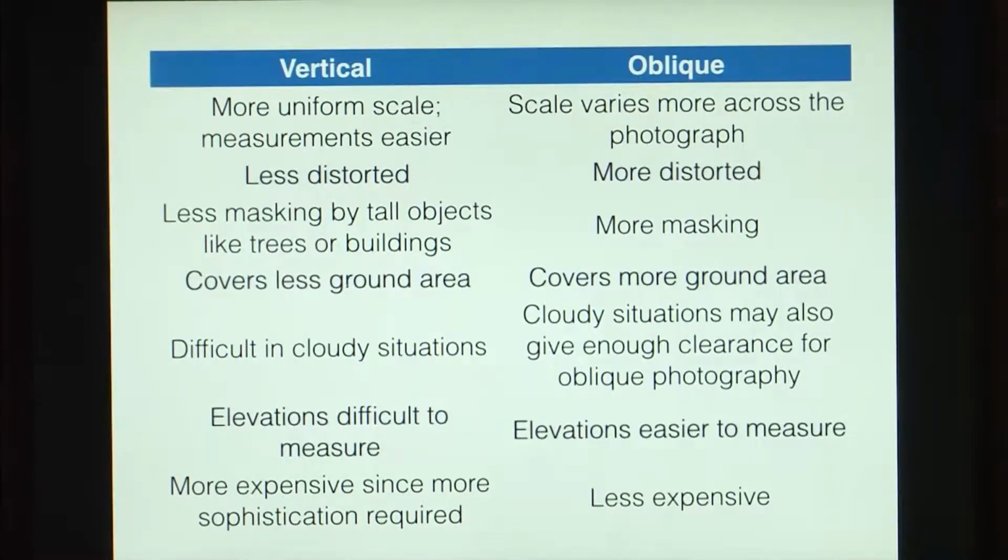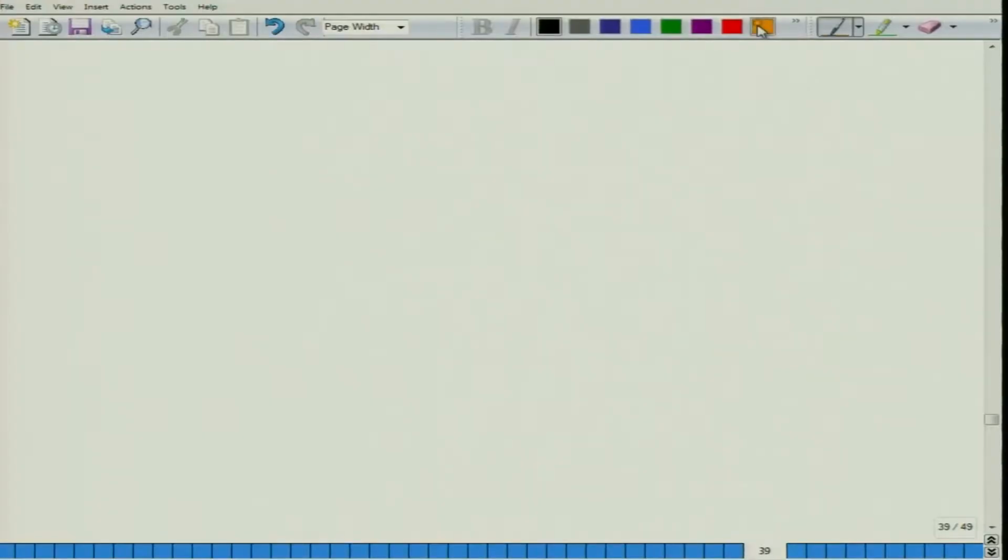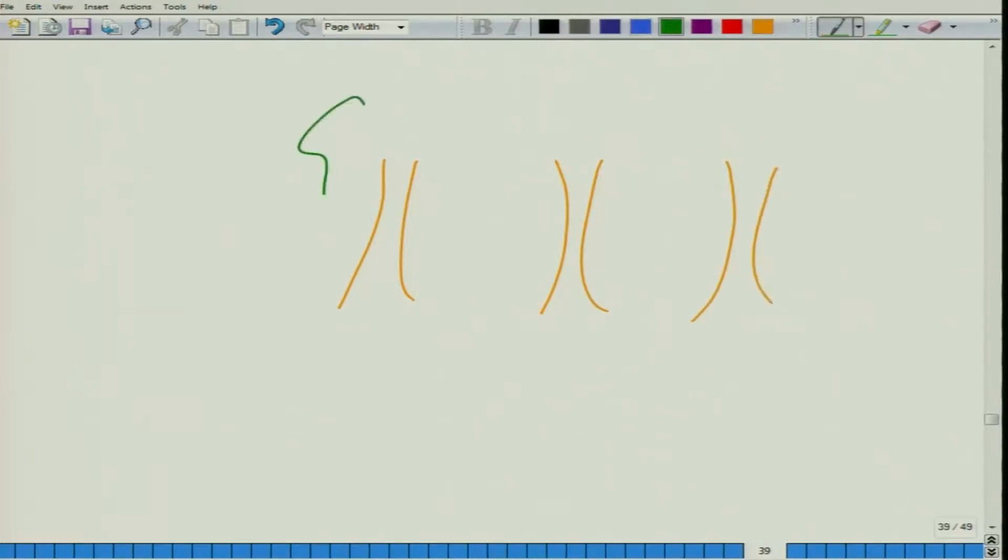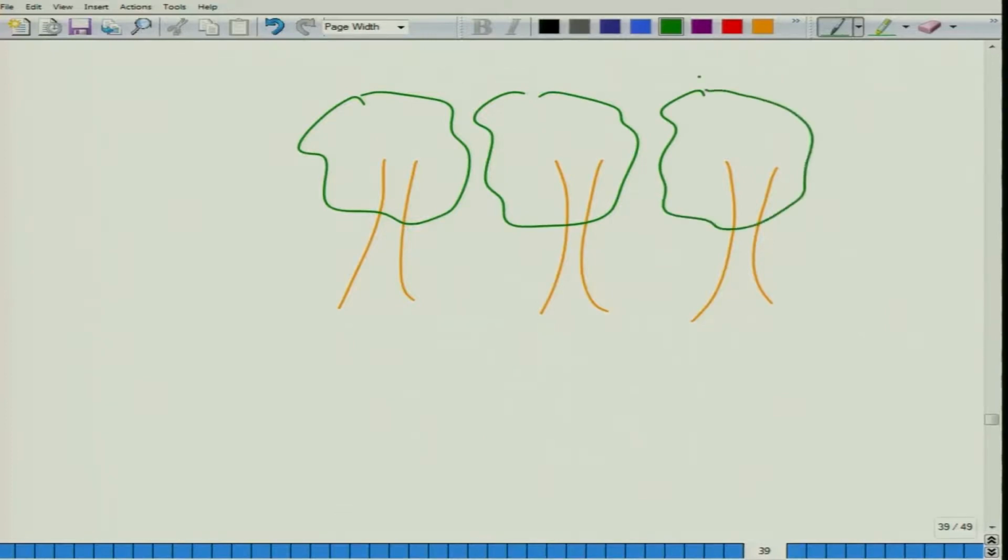If we took the picture of a forest, so if we are taking the picture of the forest in a true vertical photograph, your plane is parallel to the earth's surface.